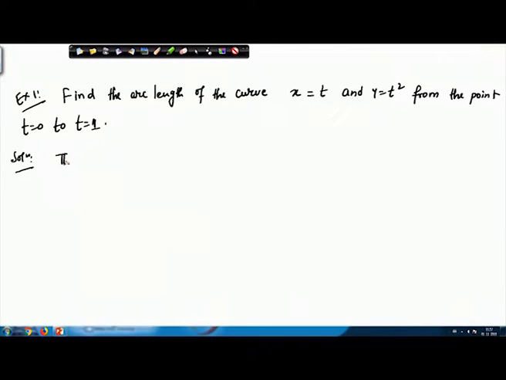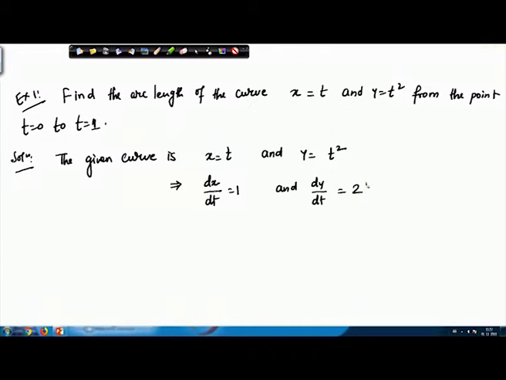So the given curve is x equals t and y equals t square. From here we can write dx/dt as 1 and dy/dt as 2t.